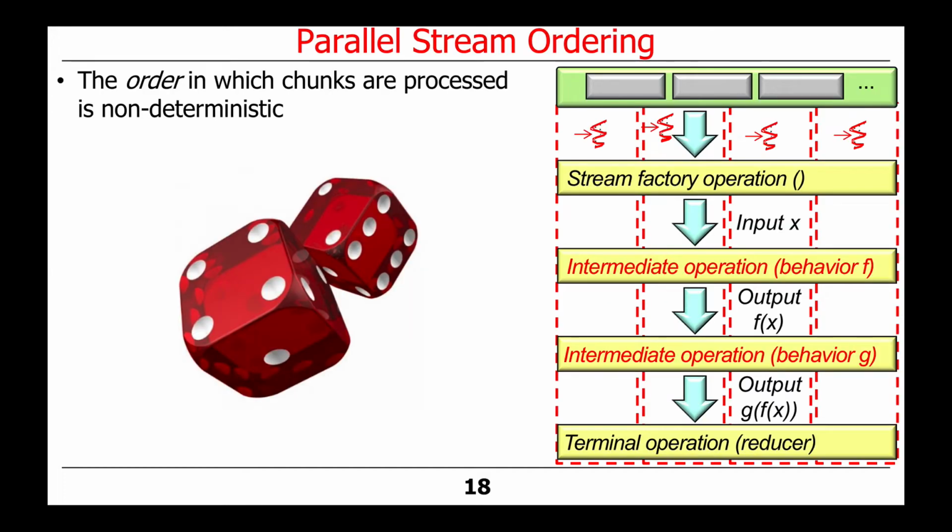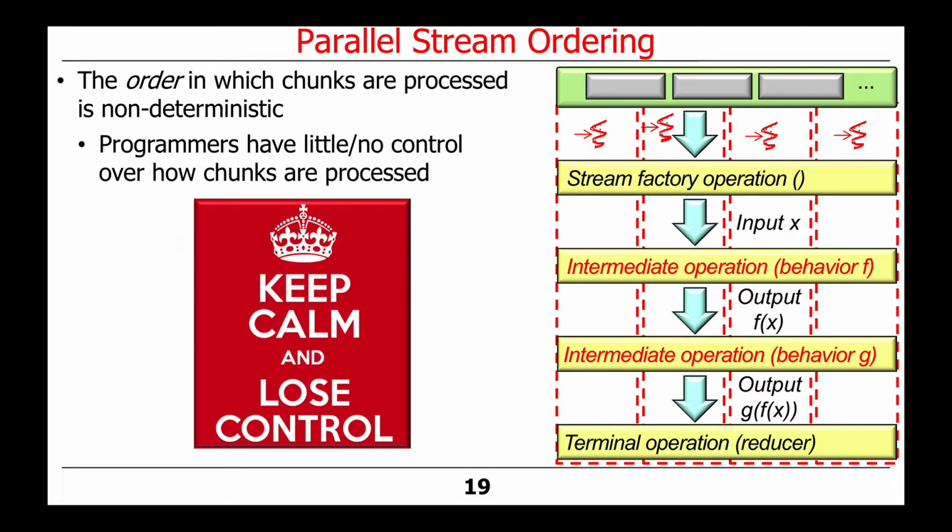So let's talk a bit about ordering. If you recall, remember there's the split, apply, combine phases. And the apply phase is the part where processing takes place. So that's where things actually get run in the fork join pool. And it turns out, by design, the order in which the chunks are processed in the fork join pool, where the chunks are the things your split iterator is creating, or somebody's split iterator is creating for you, is intentionally meant to be non-deterministic.